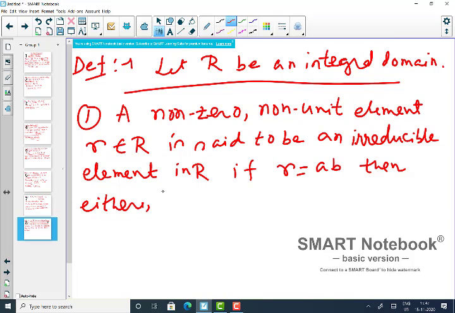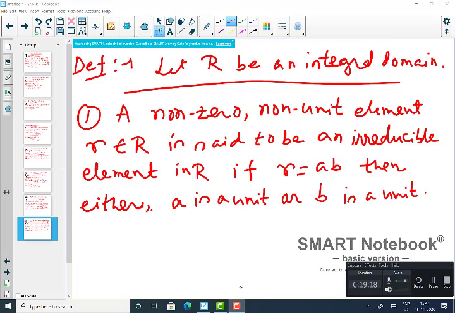So what does that mean? Then either a is a unit or b is a unit. Okay, one of them must be a unit. Clear? So if you have such a decomposition of an element into a product of two other elements, then one must be a unit.